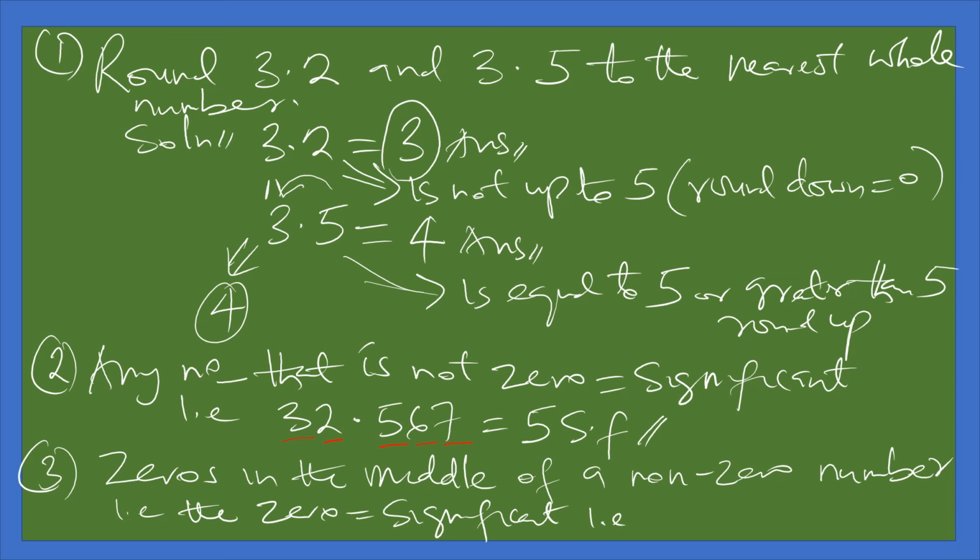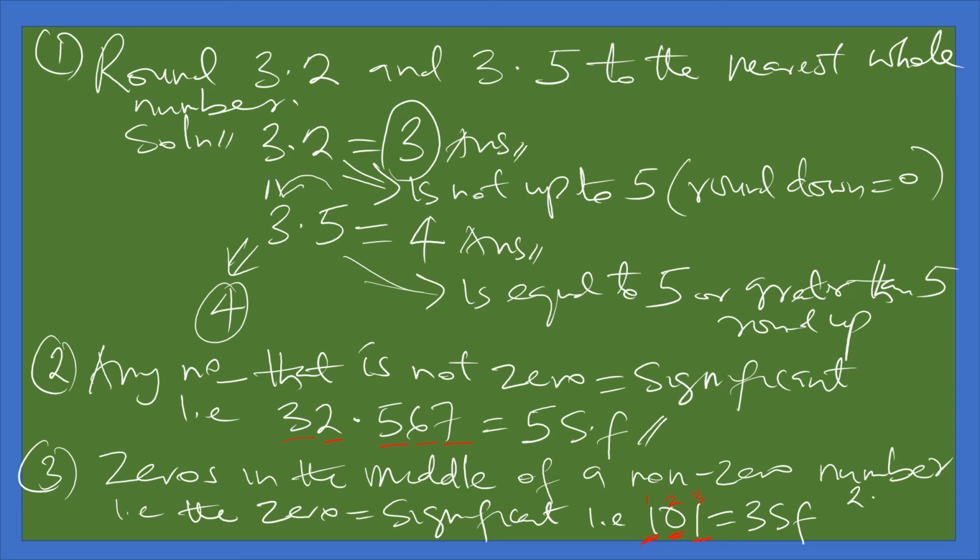Example, if you have 101, this is 3 significant figures, because this 0 here is significant. There is a 0 in between 2 non-zeros, so it makes the 0 in between them significant. And then the third one, which is a non-zero, is also significant. So we have first significant, second significant, and the third significant. So we have 3 significant figures.